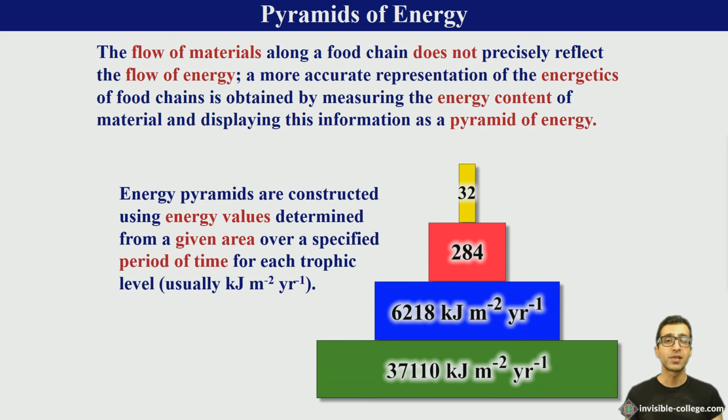So energy pyramids are constructed using energy values determined from a given area of the ecosystem over a specified period of time for each trophic level. Now this is usually measured in kilojoules per meter squared of the ecosystem per year, but it can be measured in other units as well.